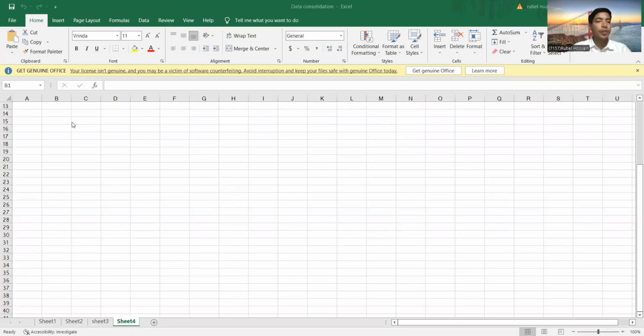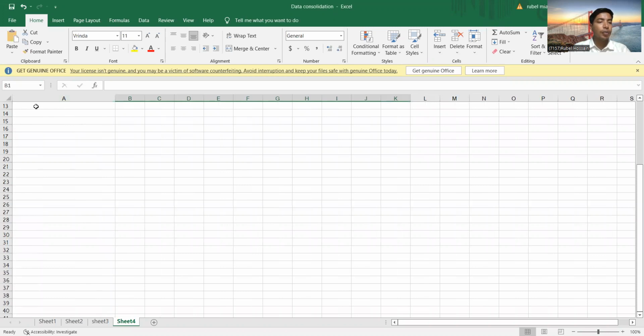Here you can see a blank sheet. Today we will calculate loan amortization. So I'm writing loan amortization schedule.